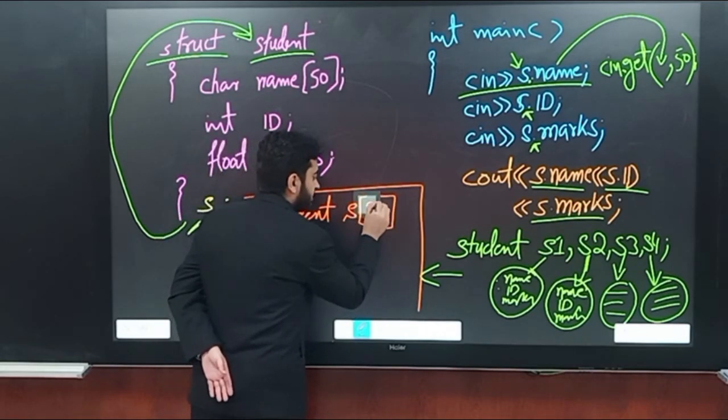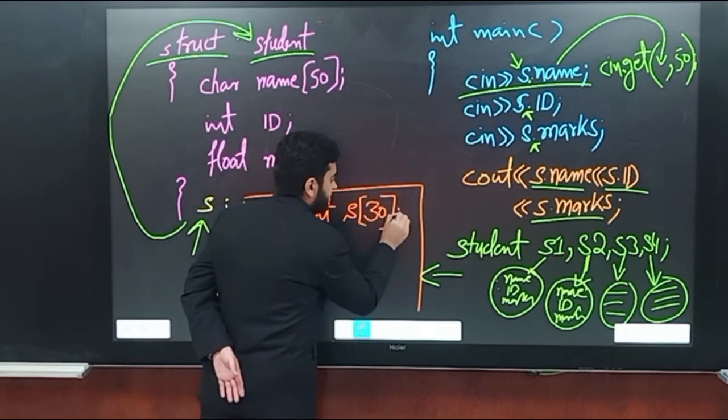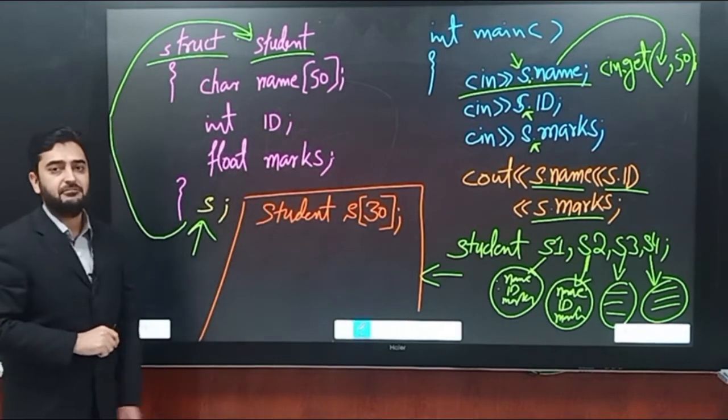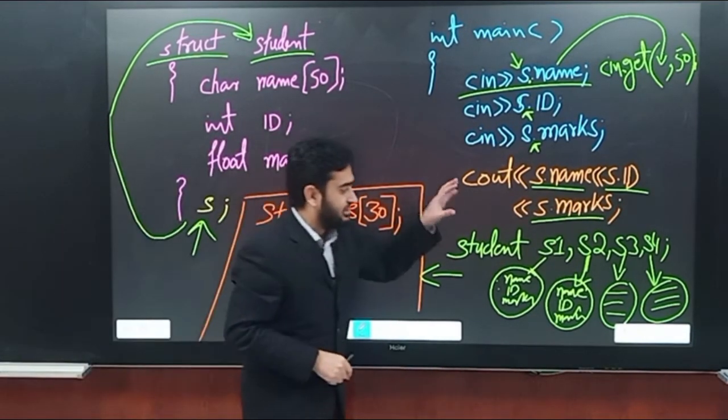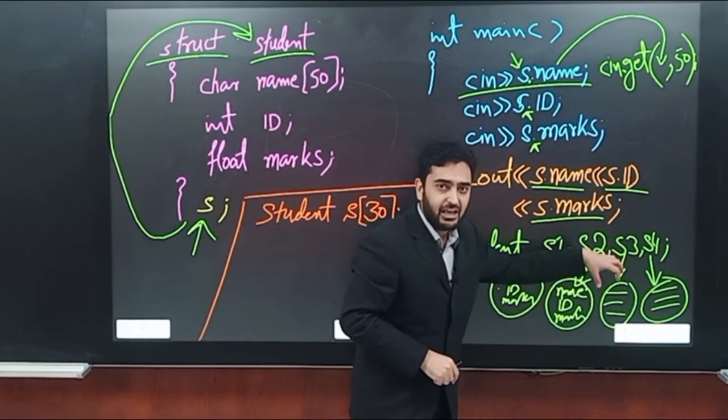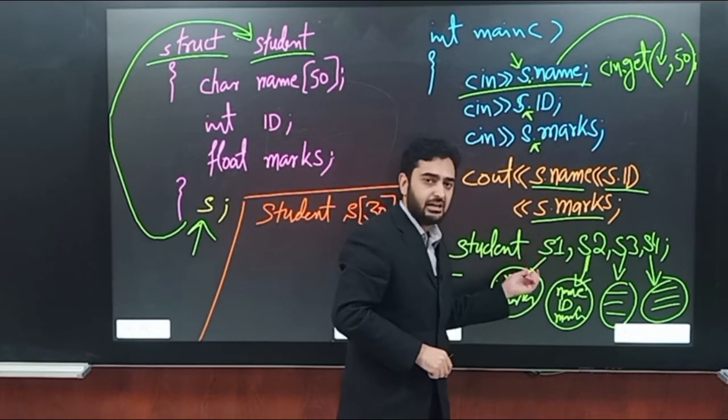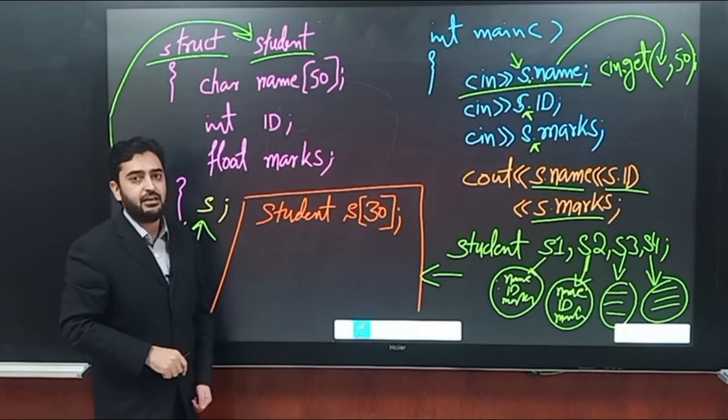So we need 30 elements in this array. So we have reduced the 30 variables of structure type of the user data type into a single variable.